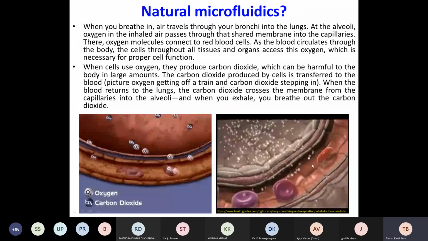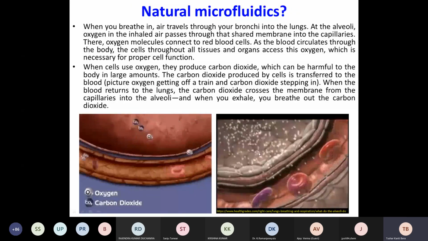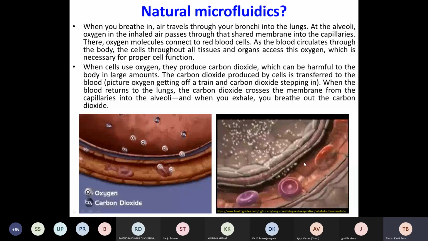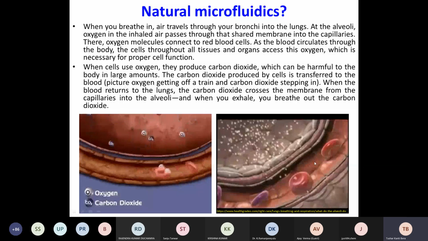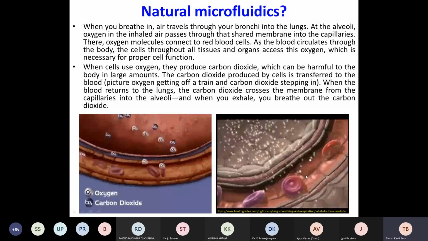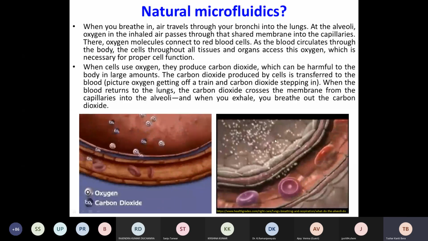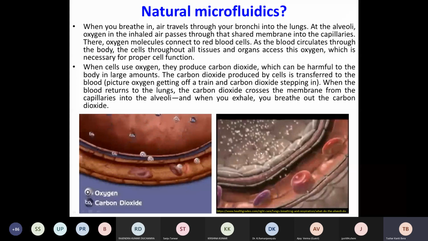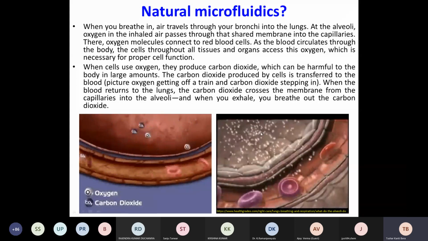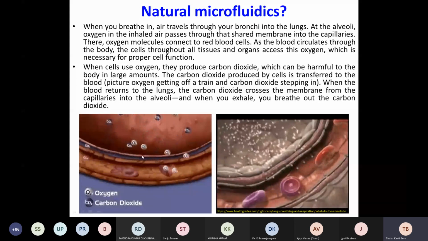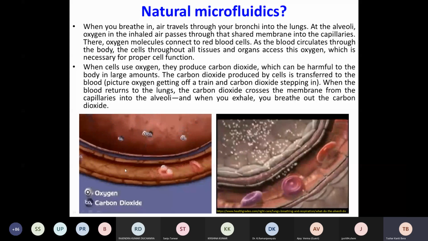And you can see by this animation that oxygen is entering the blood vessels and is added to the RBC, the red blood cell, and the carbon dioxide is released into the alveoli, and that carbon dioxide will be sent out from the body. So oxygen is coming to the blood and carbon dioxide is going out.